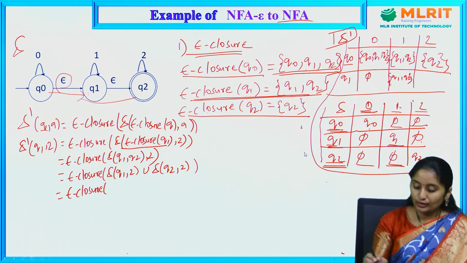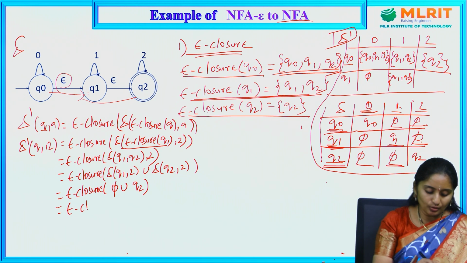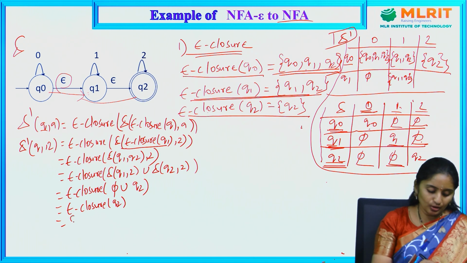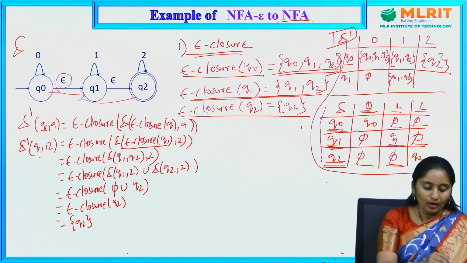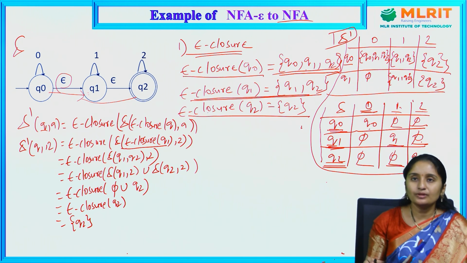Delta of Q1 comma 2 input is nothing but pi union Q2 comma 2, which is Q2. So epsilon closure of Q2 is Q2. So Q1 on 2 I am going to Q2. So this is the state it went.